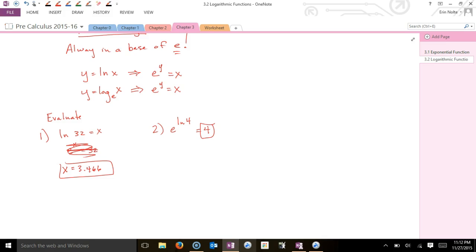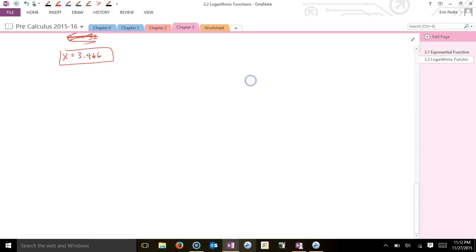Okay. So part 2 of this is graphing. Did you guys think graphing exponential functions was hard? No. Okay, then logs are not much different.